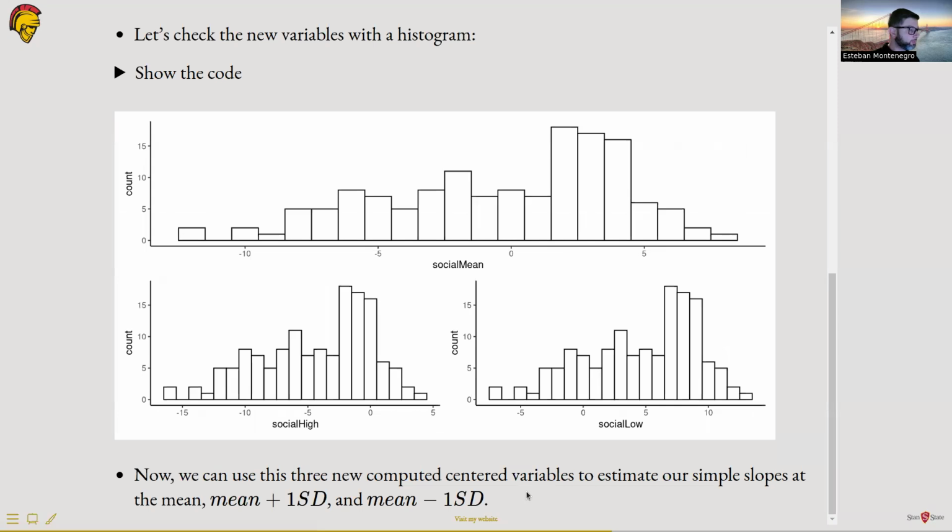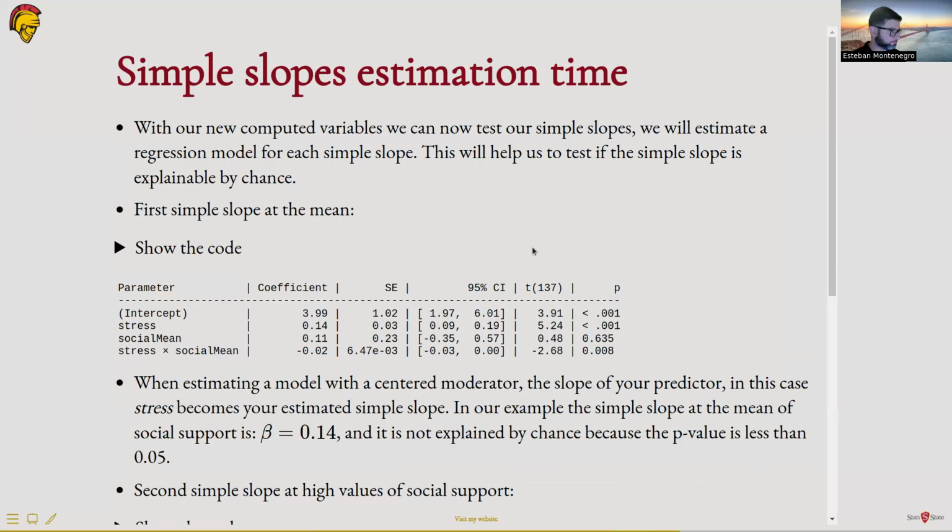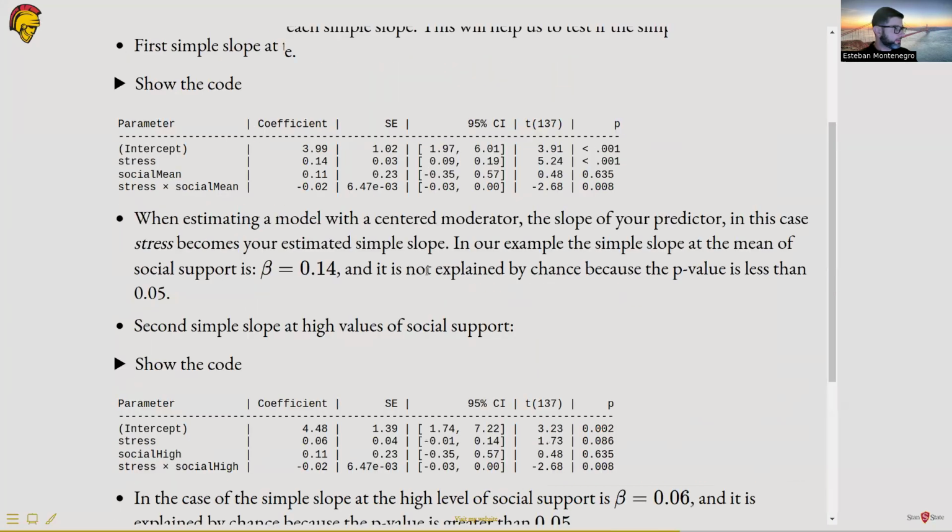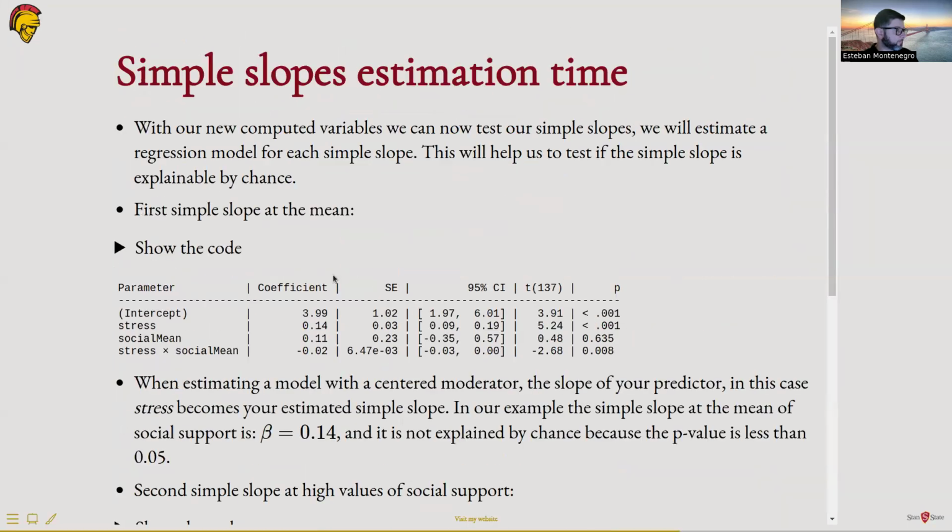And given that we computed these new variables, these new columns in the data set, now we can get a number, and a slope for each level. So in here, I'm doing an interaction of stress by my new column. In this case, this column represents how far the scores are from the mean, right? And that will give me a slope.